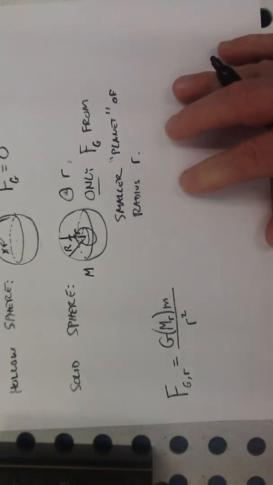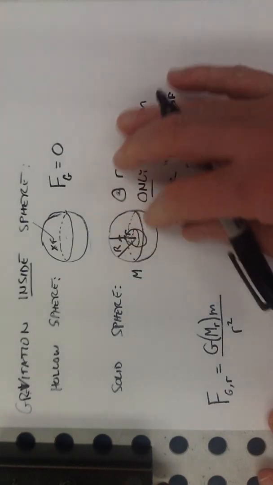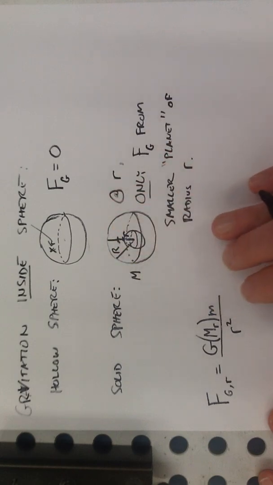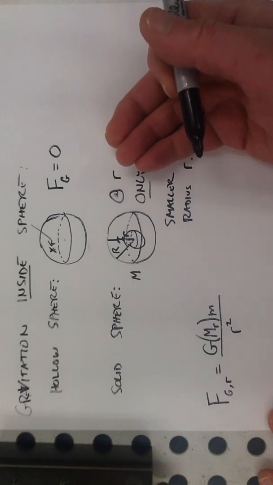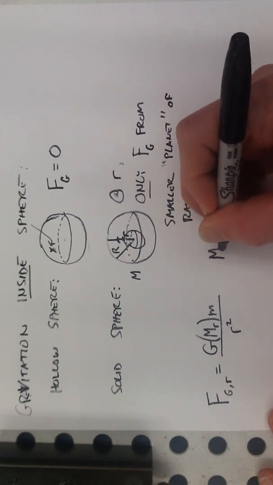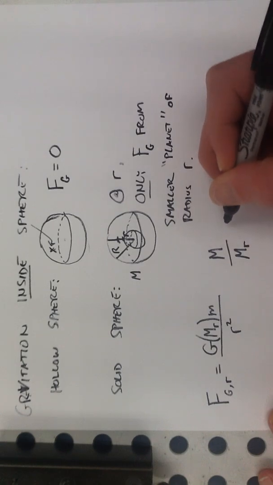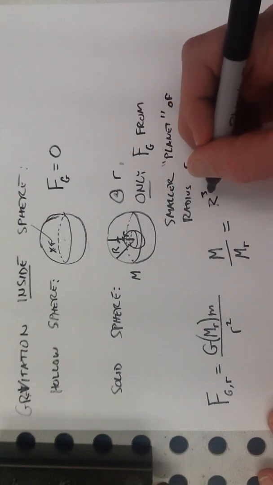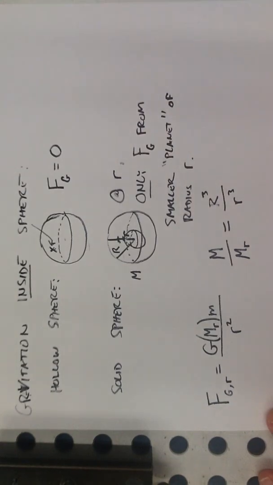So if we assume that this is a uniformly distributed sphere, which of course most planets are not, but in our simplest version of this model, if we assume that it's uniformly distributed, then the mass and volume are directly proportional to each other. So the mass of the big one is to the mass of the little one as the radius of the big one cubed is to the radius of the little one cubed.